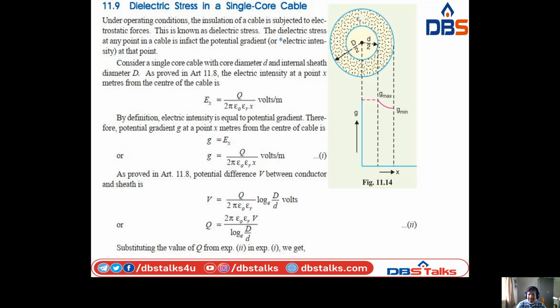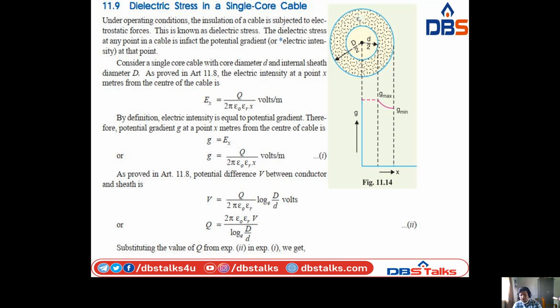By definition, intensity is equal to the potential gradient. Therefore, the potential gradient small g at a point x from the center of the cable is G is equal to Ex. Both are equal for a particular point, so G is equal to Q by 2 pi epsilon naught epsilon r x volts per meter.